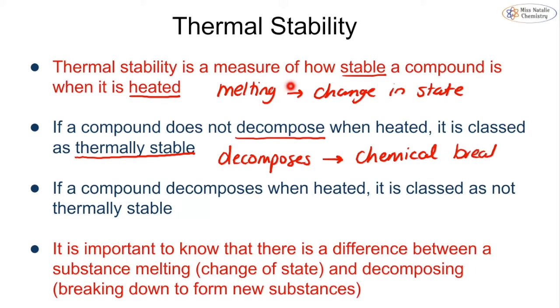So your compound is going to undergo a chemical reaction and break down into new compounds. There is a difference between these two. They are not the same thing. And if a compound does decompose when it is heated, then it is classed as not thermally stable. So let's make sure that we use the correct terminology and talk about thermal stability and not about melting.